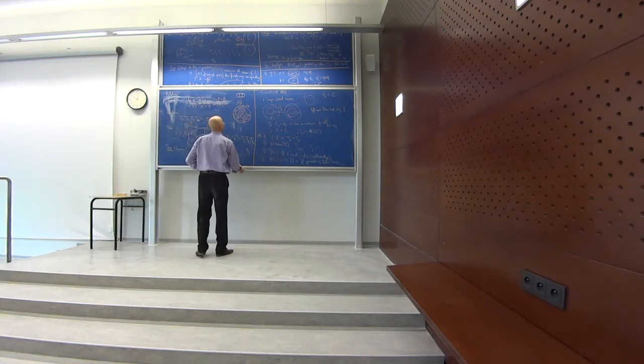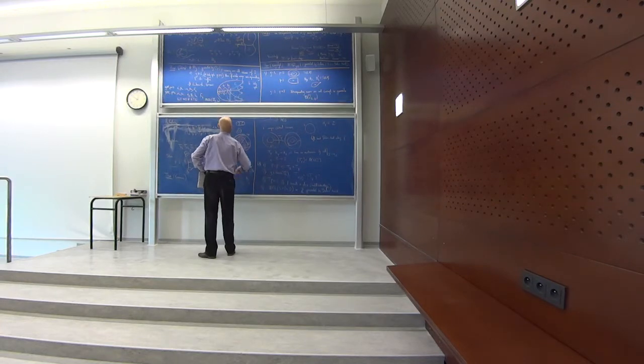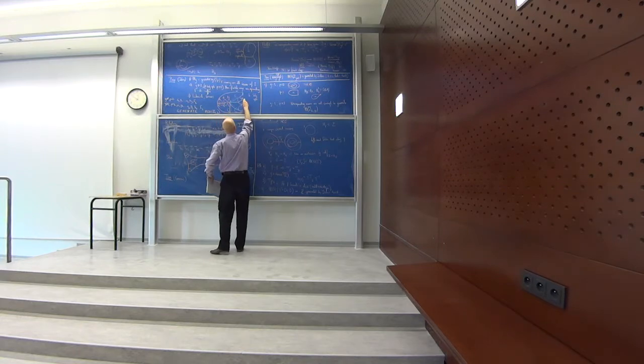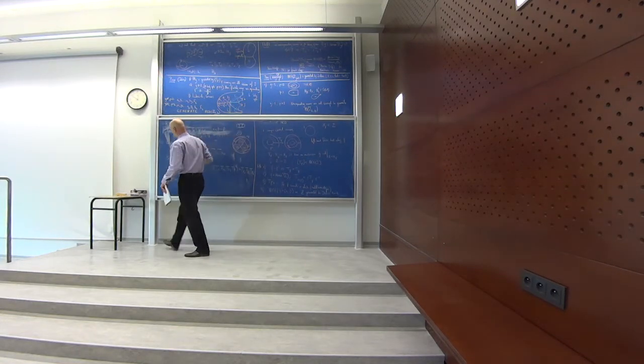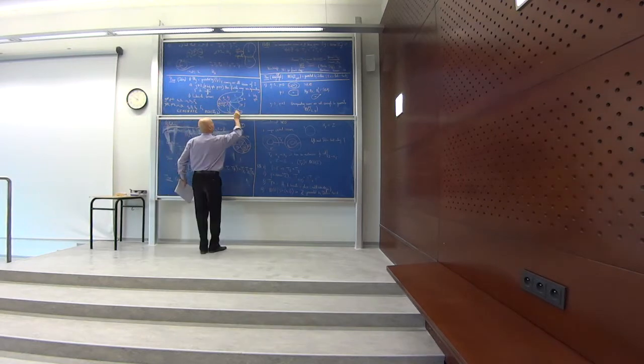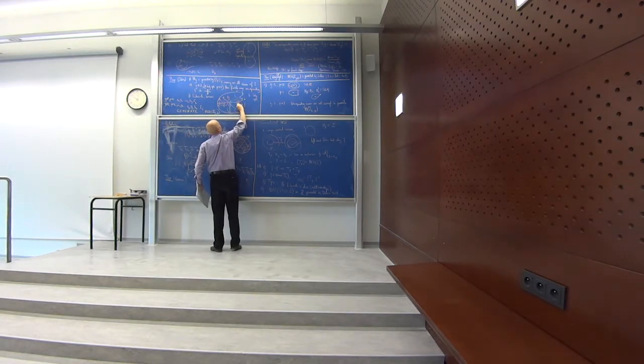Here you need to add some more curves between the i and j. I'm adding a curve like that. I'm calling it gamma i,j.